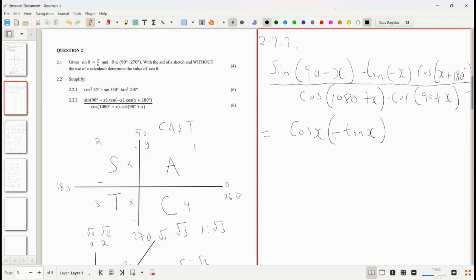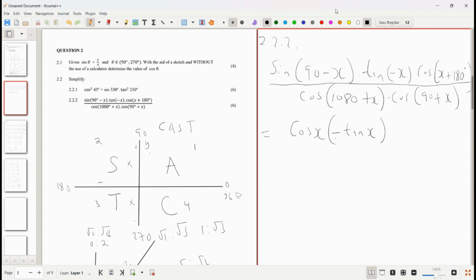And then here we have cos x plus 180. Normally cos x is here in the first quadrant. When we add 180 degrees, it will fall here on the third quadrant, right? So is cos positive or negative in the third quadrant?